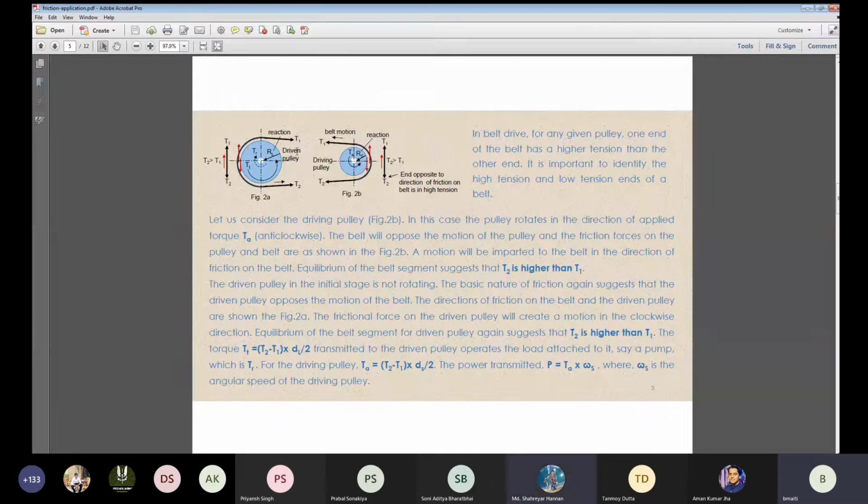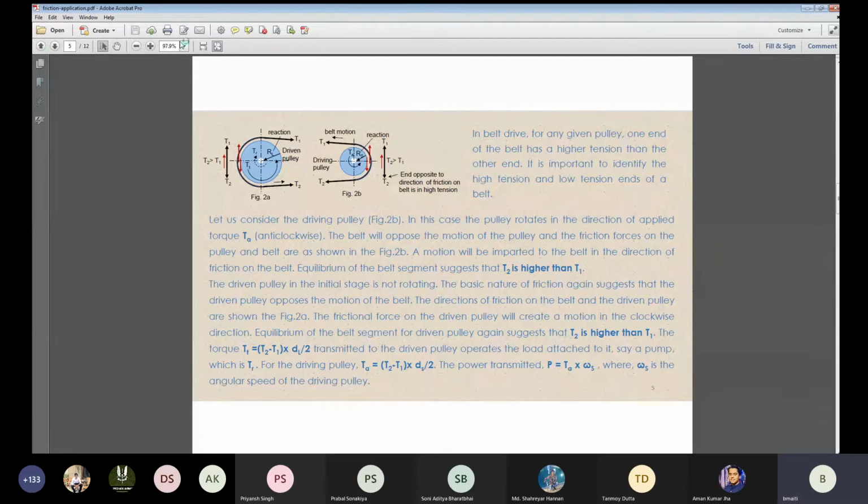Now you can see this particular driven pulley, I have shown this long arrow. This is the capital T, small t.